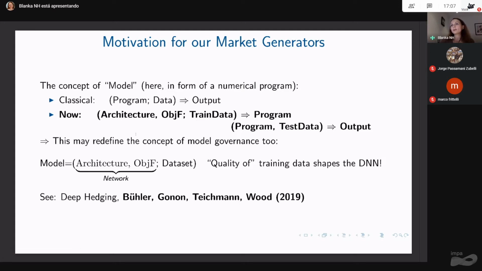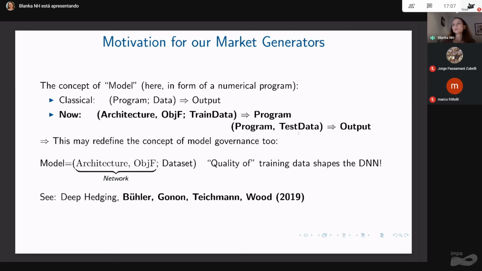There was a hedging architecture, a neural network architecture, an objective function, and the training data provided was a Heston model originally, and a Black-Scholes setup, and then the hedging engine was able to reproduce the hedging policies that we already know from the theoretical concepts.